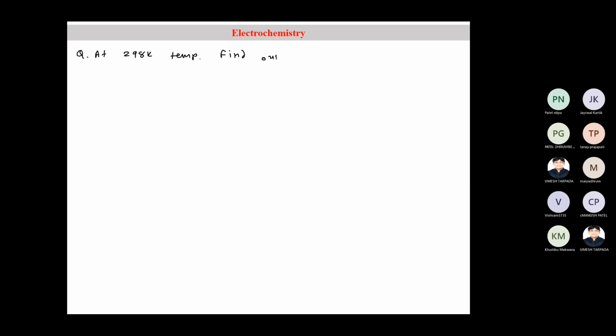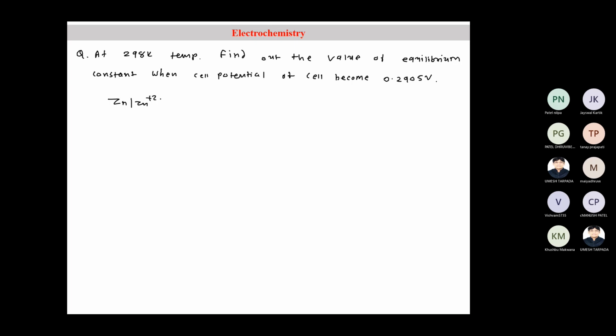So find out the value of the equilibrium constant when the cell potential of the cell becomes... this is the cell Zn to Zn plus 2, its concentration is 0.01 molar, connected by salt bridge to Fe plus 2 to Fe with concentration 0.001 molar.